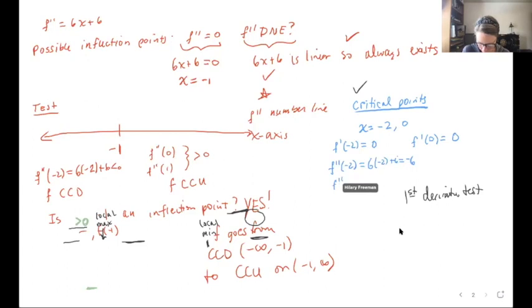So f double prime of -2 is less than 0. So if we have two facts, one, the derivative at the critical point is 0, and 2, the concavity at the critical point is negative, so concave down, we can take a horizontal tangent plus concave down, and that tells us we have a local max.